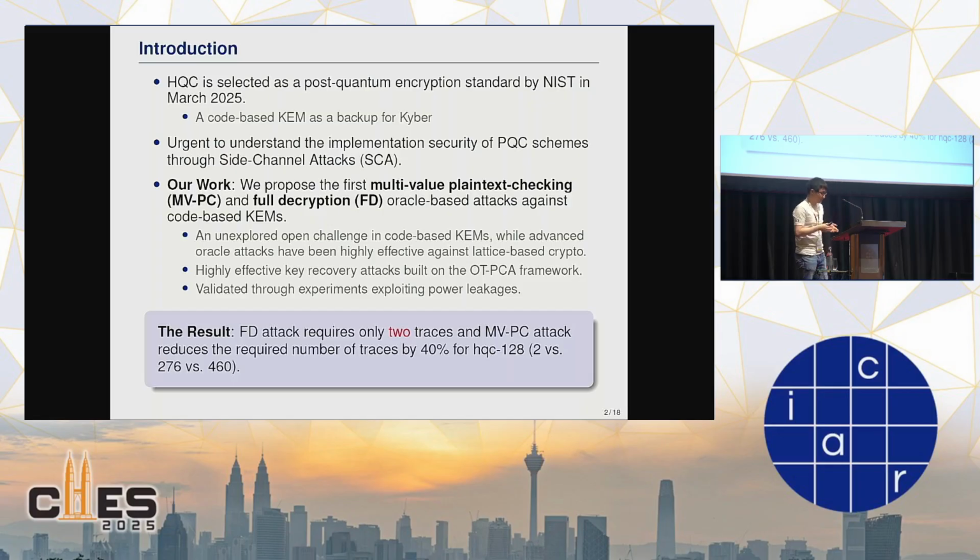Let the results speak for themselves. Previously, the best number was 460 for OTPC. If you use MVPC, we can reduce it by 40%. These FD oracles are extremely more powerful. You only need 2 choices.